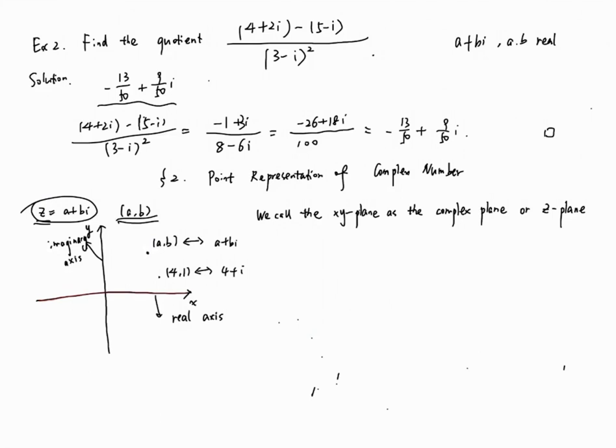So the points on this axis are real. So this axis can also be called the real axis.